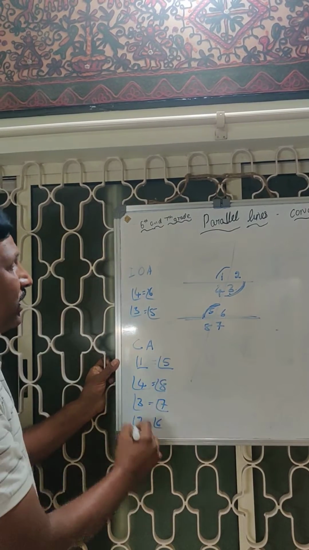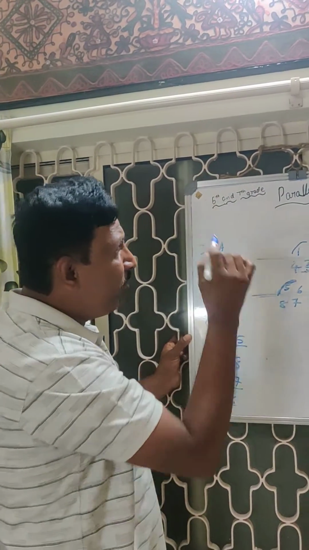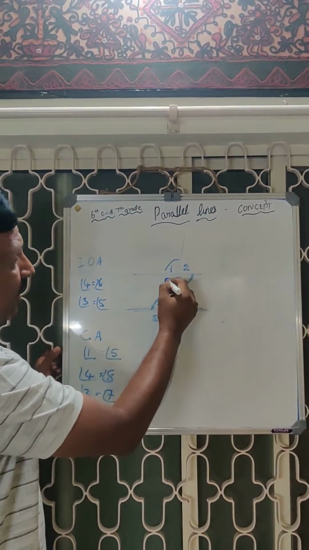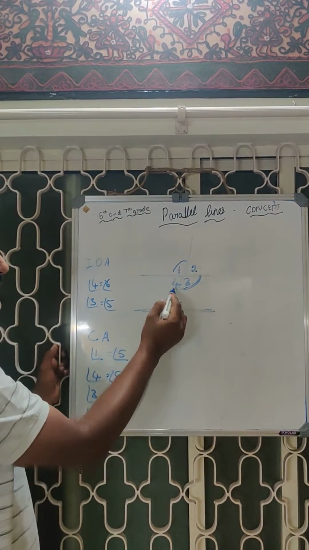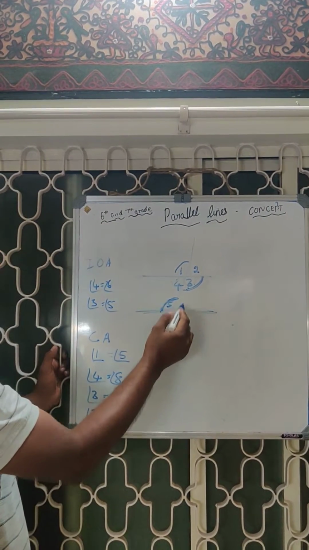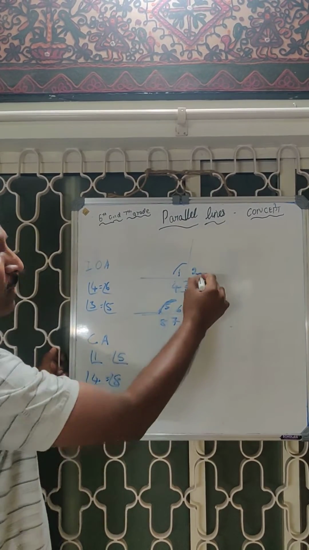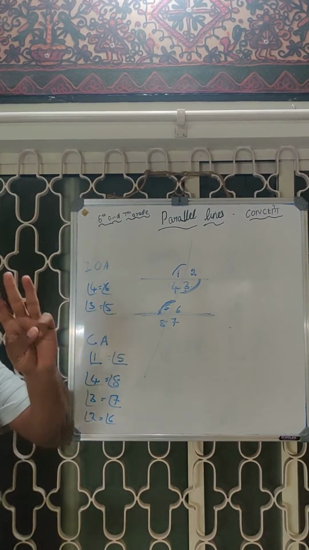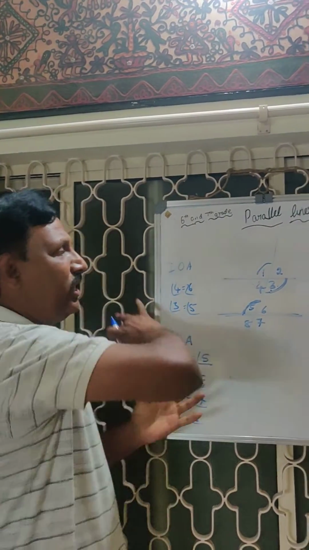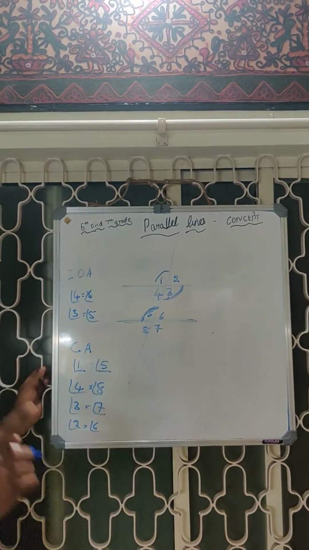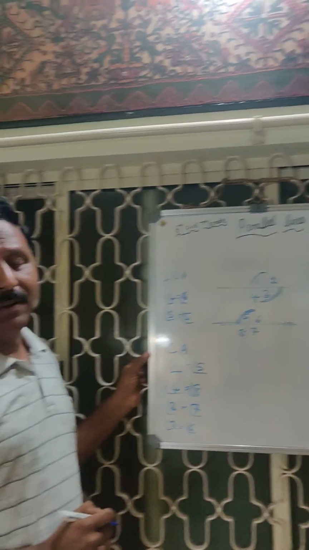Okay, so these are corresponding angles. If you remember that interior alternate angles are equal, vertically opposite angles are equal, and the sum of supplementary angles is 180 degrees, with these three things, you can compute all the angles if only one angle is given.